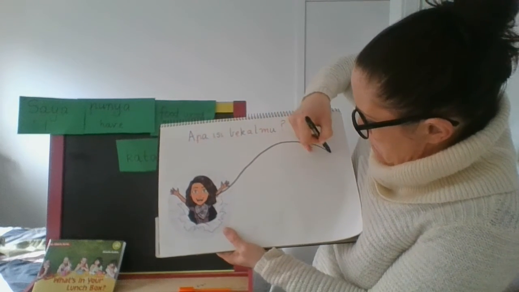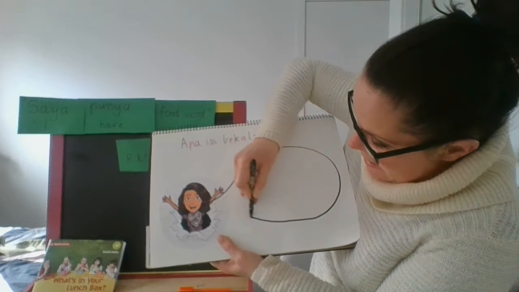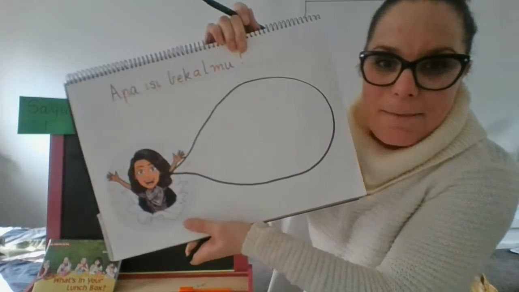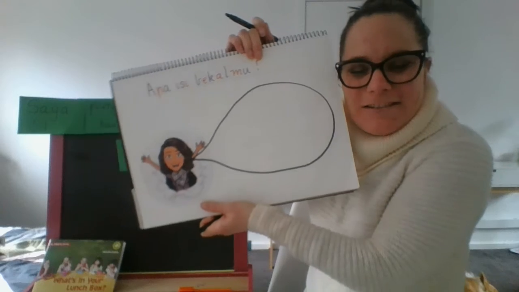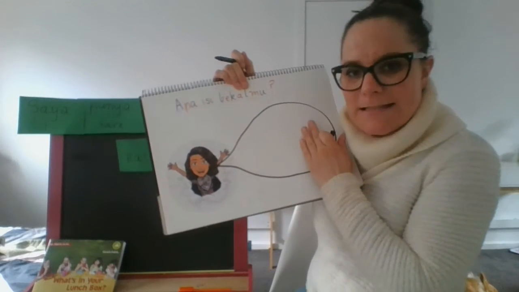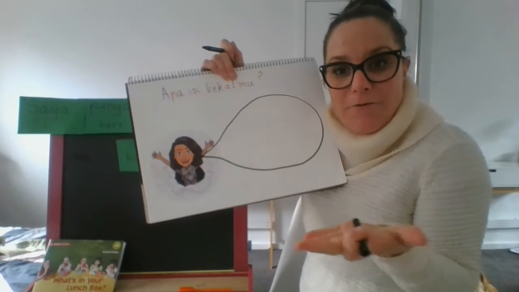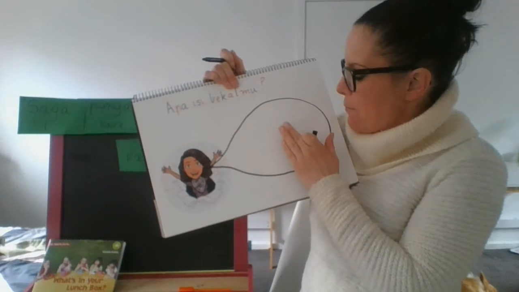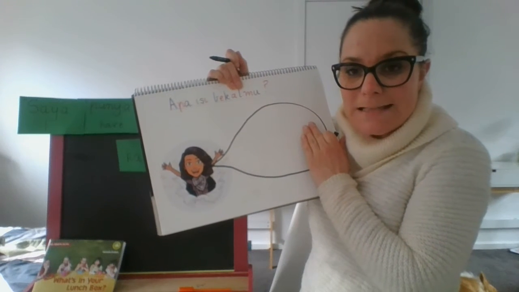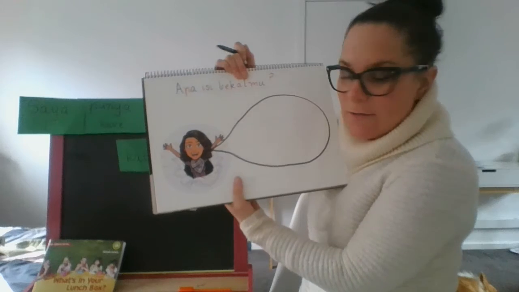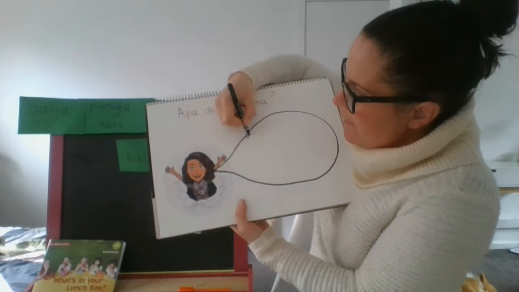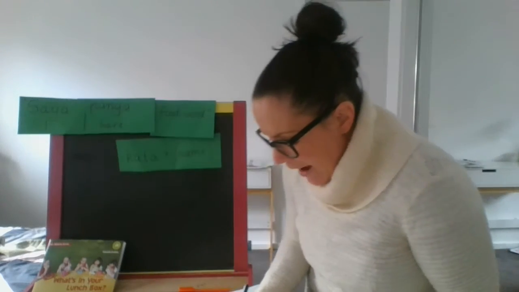Here we go. Let's draw a nice big speech bubble coming out of my mouth. Good. And then I'm going to write my sentence in here. So my sentence today is saya. Everyone will start their sentence with saya. Saya punya apel. Now remember, you must have your talking marks to start your sentence off. Talking marks. Good.